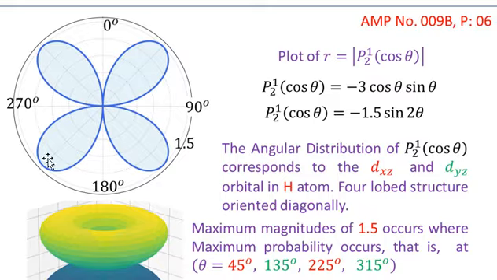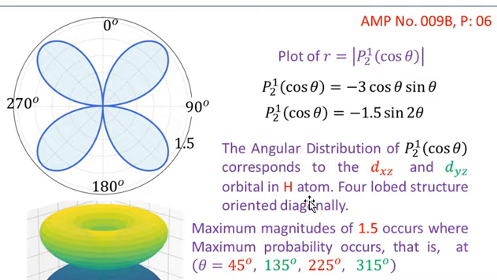Then these pairs of dumbbells, for example this dumbbell, will now be lying on the xz plane, and the other will be lying on the yz plane. So the angular distribution of P21 of cos theta corresponds to the dxz and dyz orbitals in the hydrogen atom, because they are neither located on the equator plane nor along the z-axis.